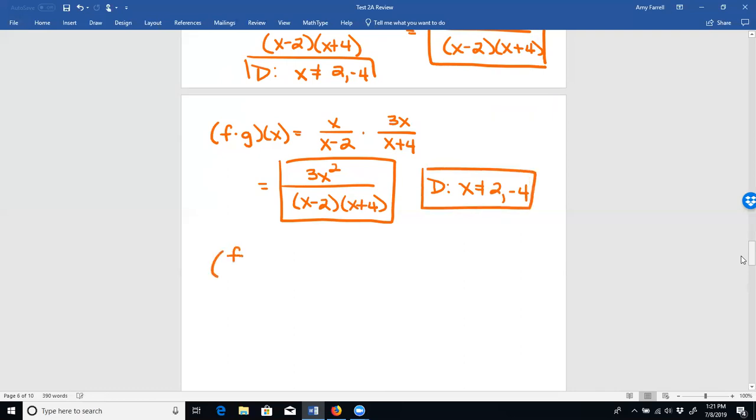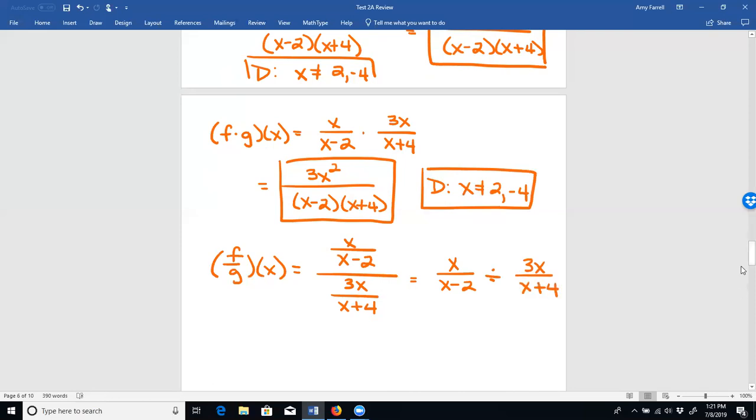Finally, division, f divided by g of x. So this is where we take f of x and we divide by g of x. I can write this horizontally instead of vertically, so it's f divided by g.